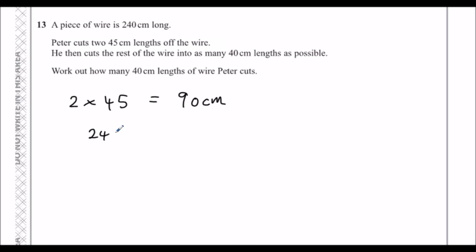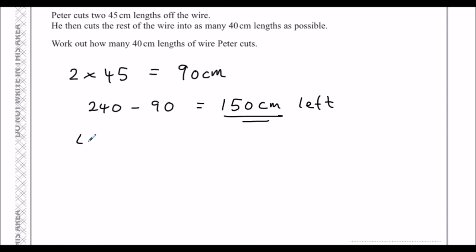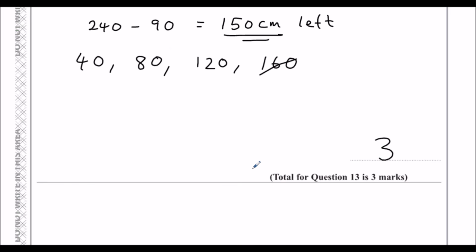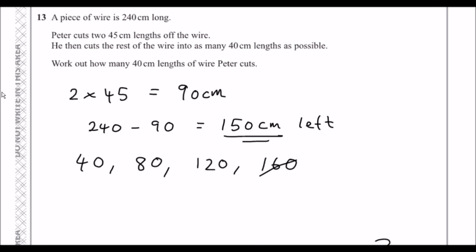So 240, take away 90, take away 100 is 140, add back 10, 150 centimeters left. So he's got 150 centimeters. How many 40s can he make? Well, 1 is 40, 2 is 80, 3 is 120, and he can't make the next one. So he can make 3 lengths, 3 40 centimeters out of what's left.